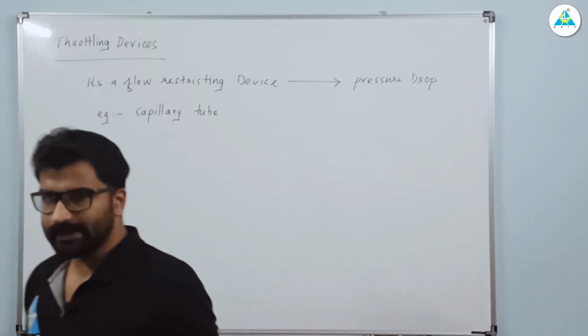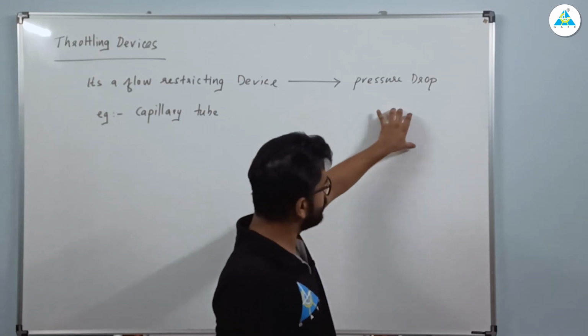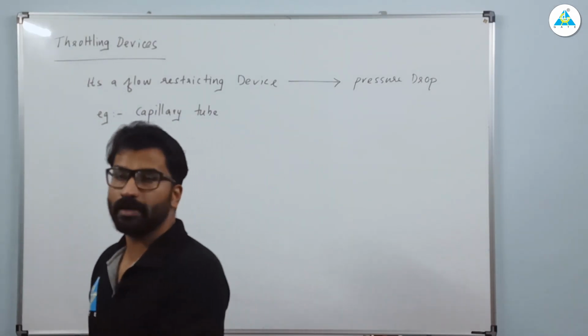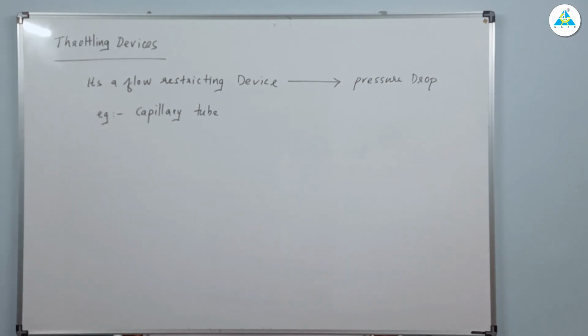So remember this: our capillary tube or throttling devices are devices for restricting the flow, and they cause a significant pressure drop. Once again, if you want to write, you can write: the pressure drop is often accompanied by a temperature drop.